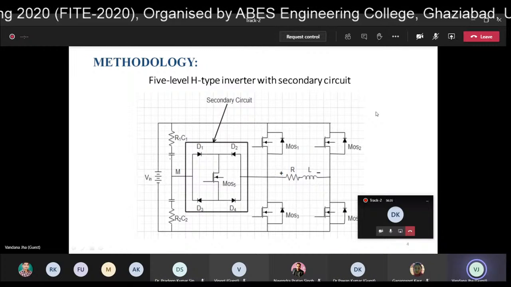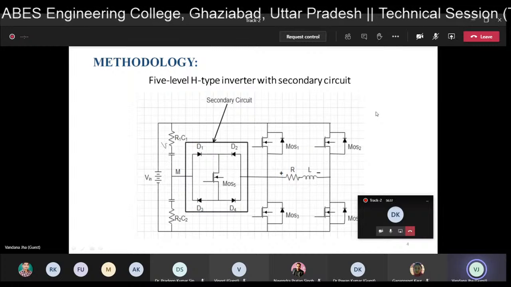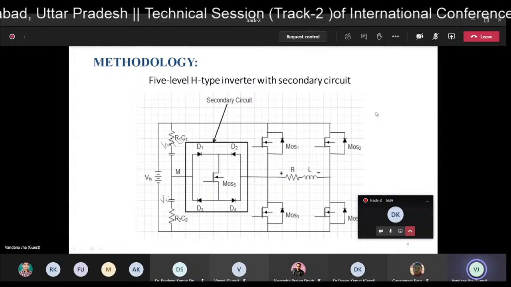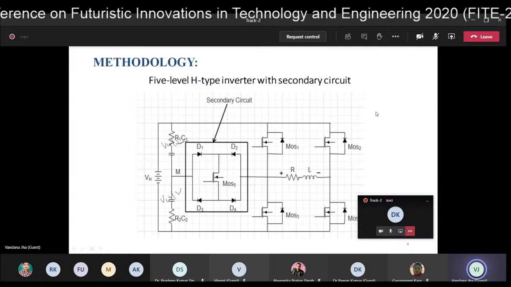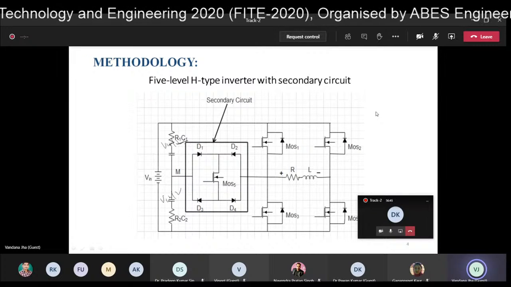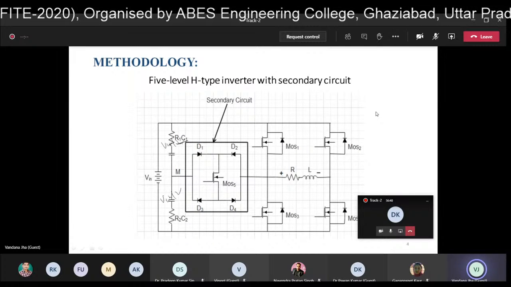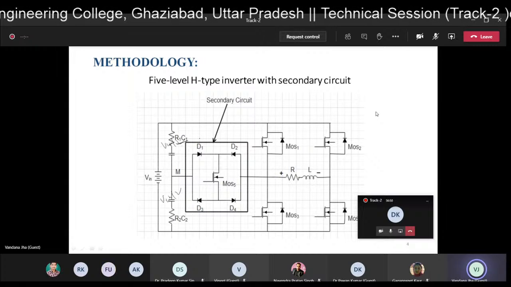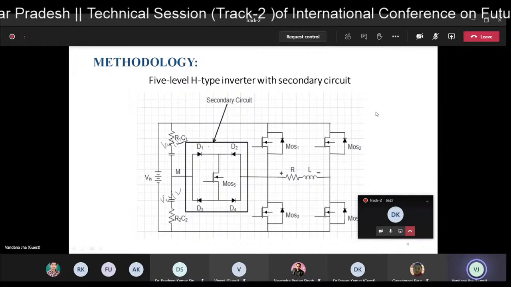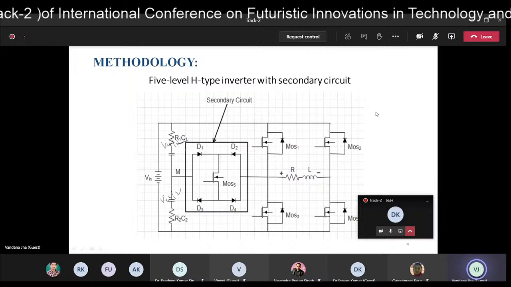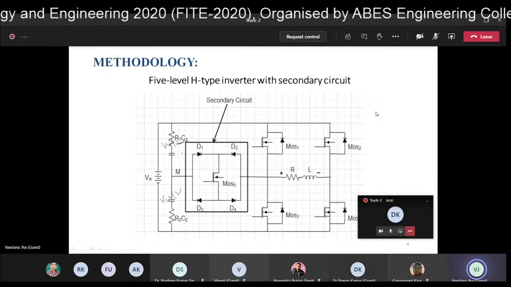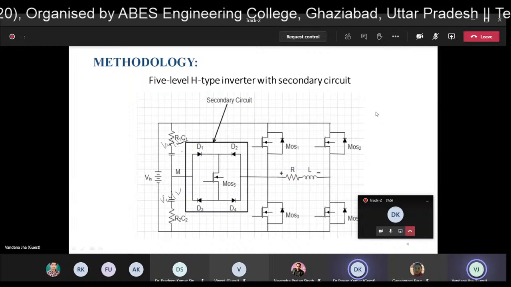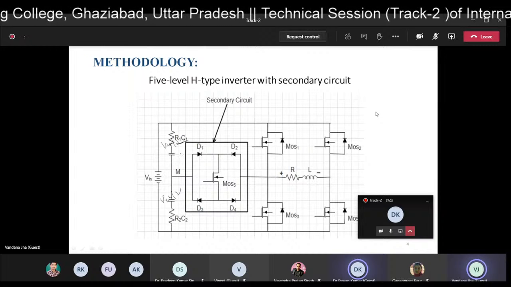I wanted to divide it into two equal parts, V in by 2 and again V in by 2. This is how I decided the value of R1 and C1. In MATLAB Simulink, I have given a certain value and I found that the result which I was getting was fine. This is how I decided the value of R1 C1. How did you calculate the value of R1 and C1?